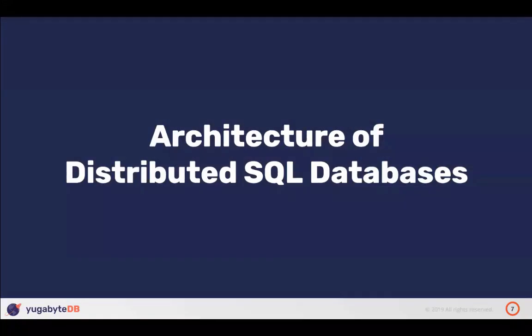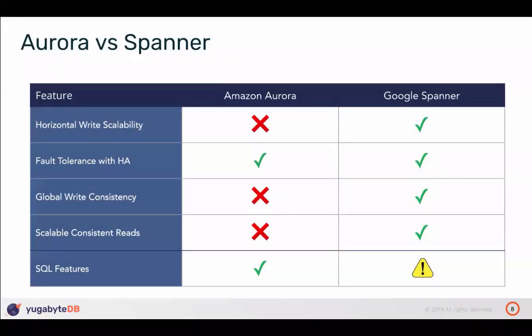Okay, so if you look at the architecture of these two databases put right next to one another, you'll find that Amazon Aurora is architecturally not built for write scalability. It has a single node that takes writes if you care about consistency, whereas Google Spanner can scale writes as you add more nodes.